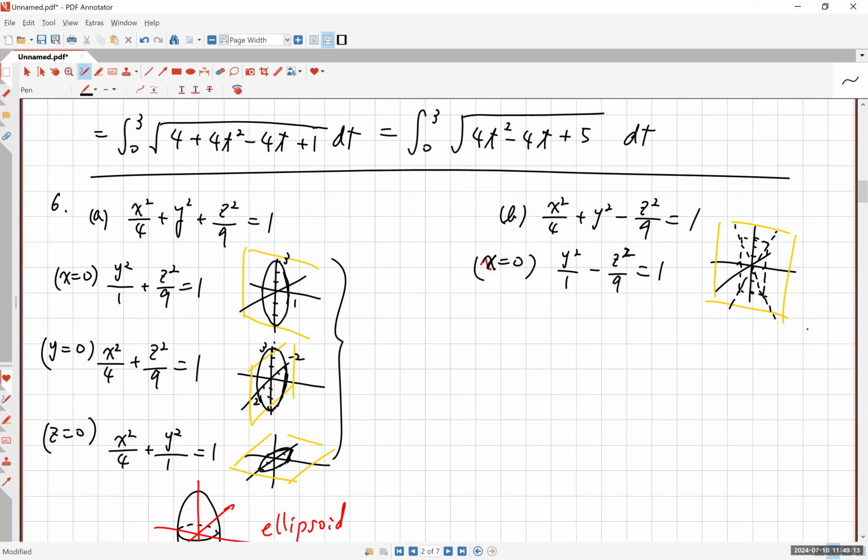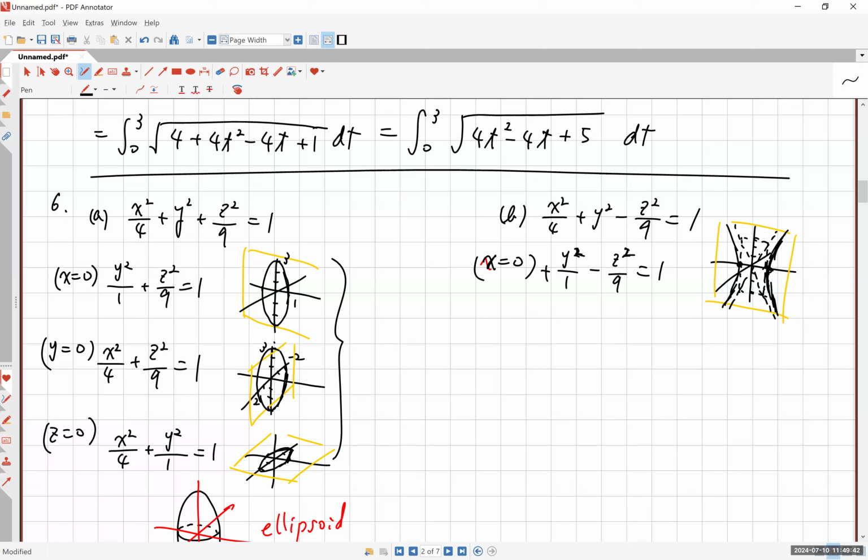The hyperbola is not going to go inside of the rectangular region. Y is first. What does that mean? That means that this is a horizontal hyperbola, where the first one is the positive term, which means that the hyperbola is going to cross the y-axis, but not the z-axis.